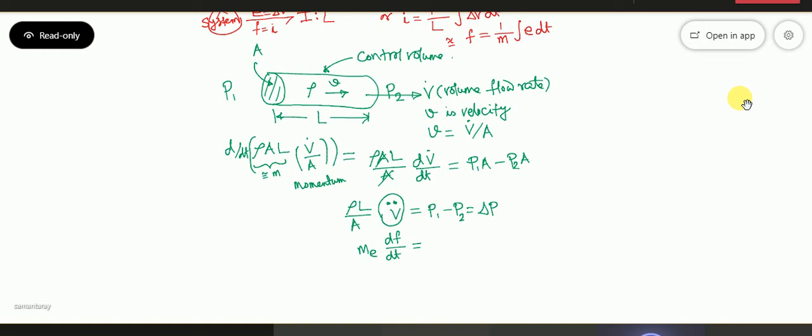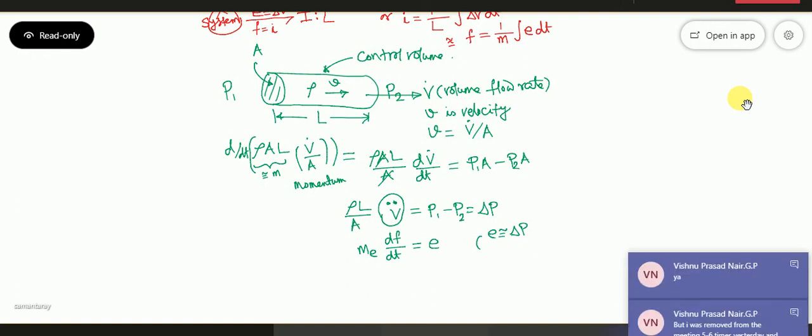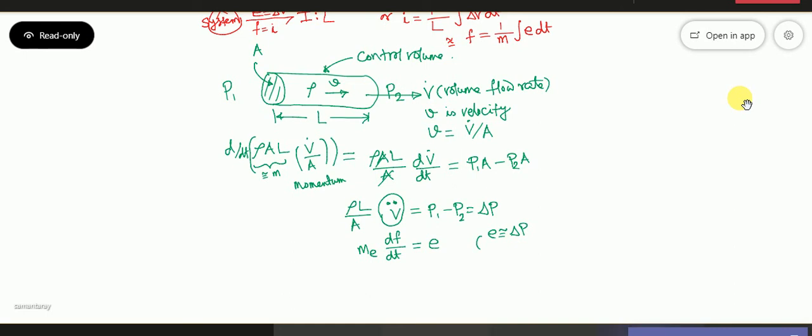So the inertia parameter is actually rho L divided by A. Here, driving effort is pressure difference and flow is volume flow rate.